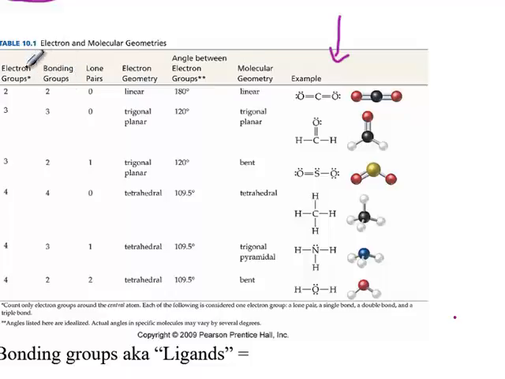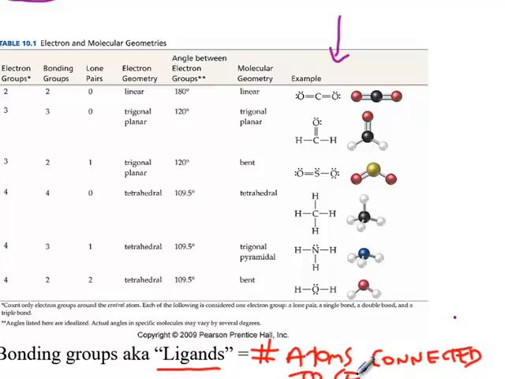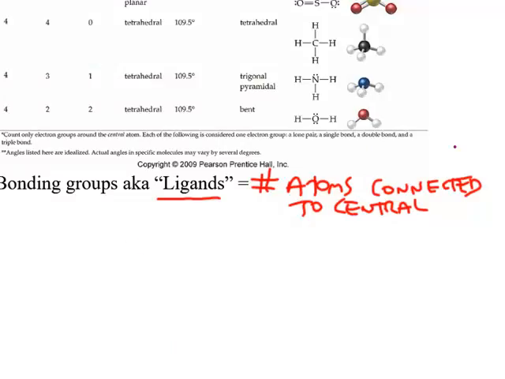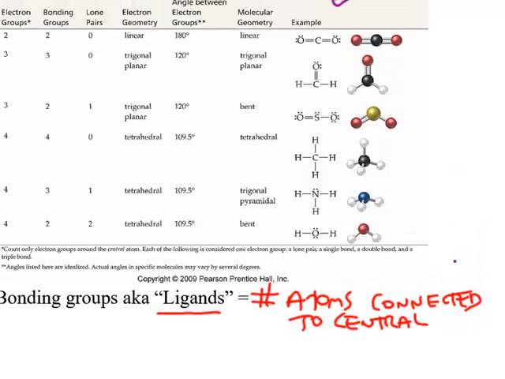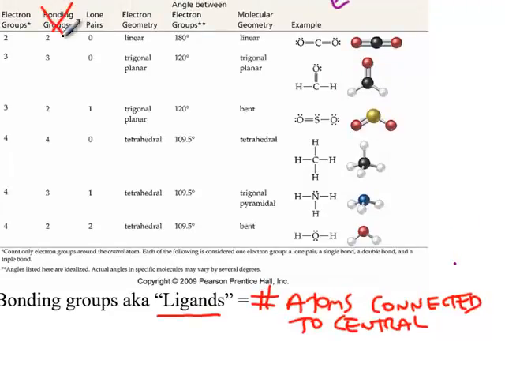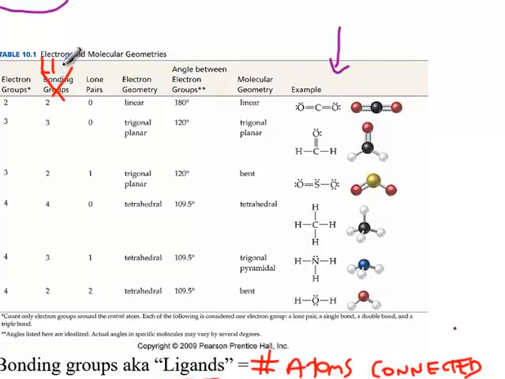This second column that says bonding groups are also called ligands, and ligands just means how many atoms are connected to the central atom. So where you see bonding groups, you want to translate that to ligands.